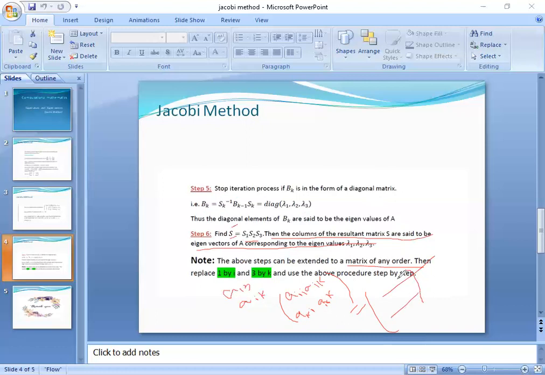And then all the other diagonal elements are to be replaced by 1. Other off diagonal elements should be taken as 0, and proceed with the same process till the rotation matrix Bk becomes a diagonal matrix.